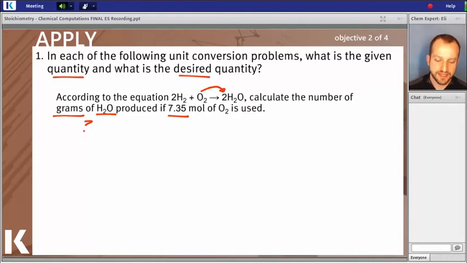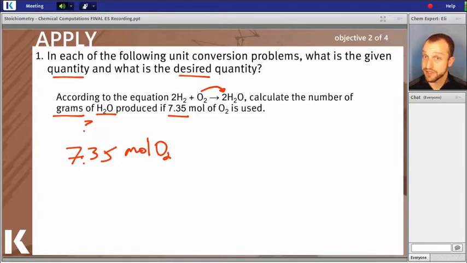I have 7.35, and that's my O2 in moles. All right. Now, of course, what I want to do is convert that.